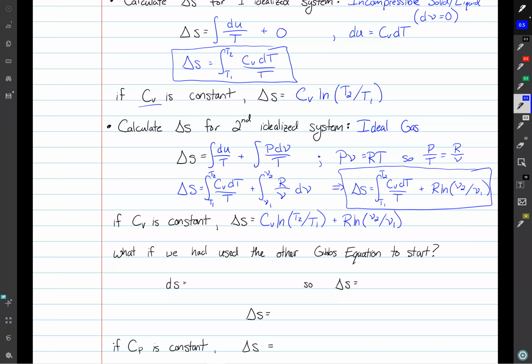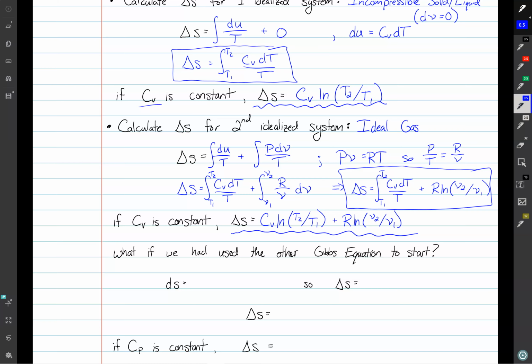So again, the one in the box is a special case. The one below it, which I'll underline here, those are both the constant heat capacity, both important equations, ones that we'll use quite a bit.